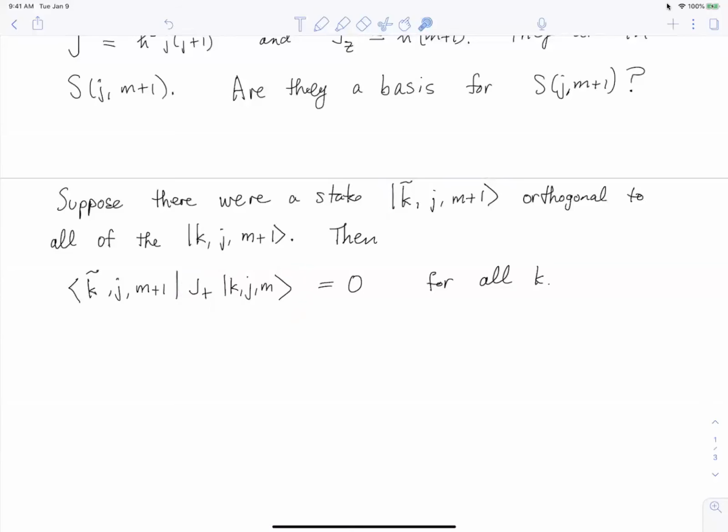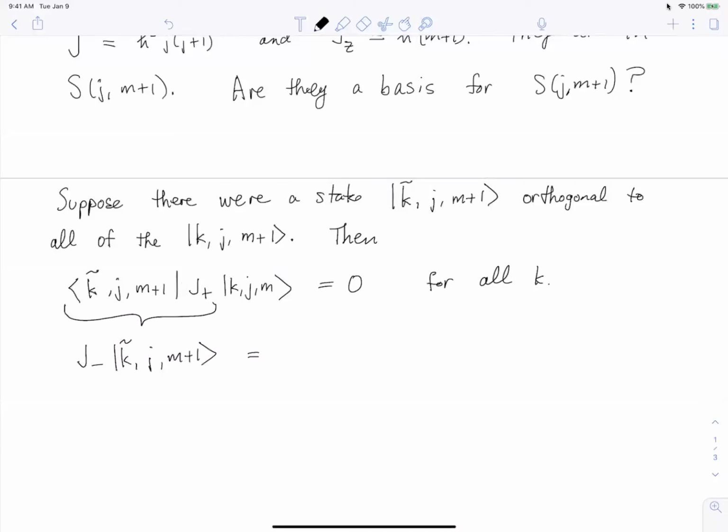So I'm rewriting that in terms of J plus, and the reason for doing that is that now I'm going to consider this part of it, which is a bra, corresponding to the following ket, J minus |K tilde, J, M plus 1⟩. I just take the Hermitian conjugate to form a ket from it.